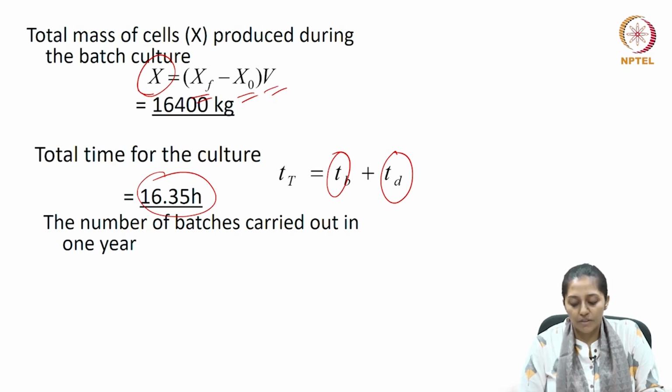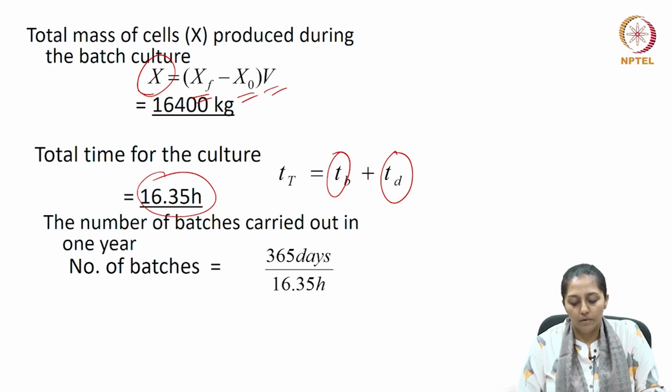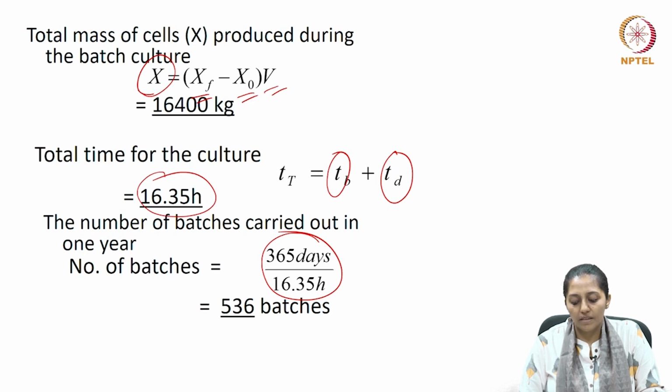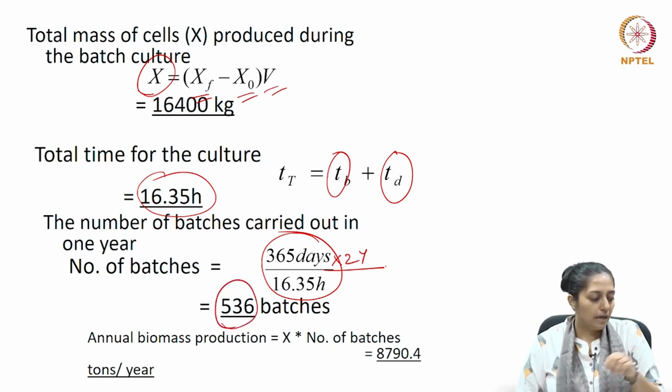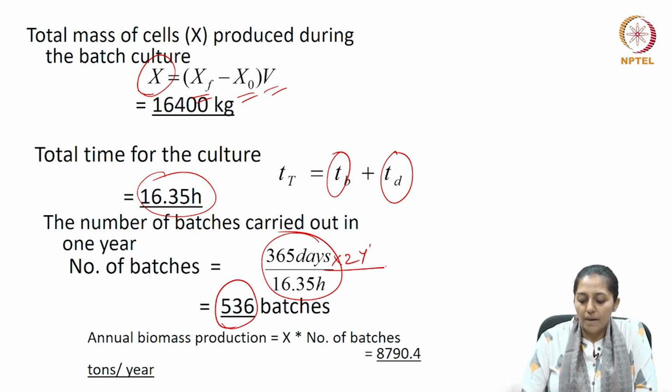The number of batches which can be carried out in 1 year will be 365 into 24 divided by the total time, because your batch time is in hours. So, the number of batches which can be run annually will be 536.